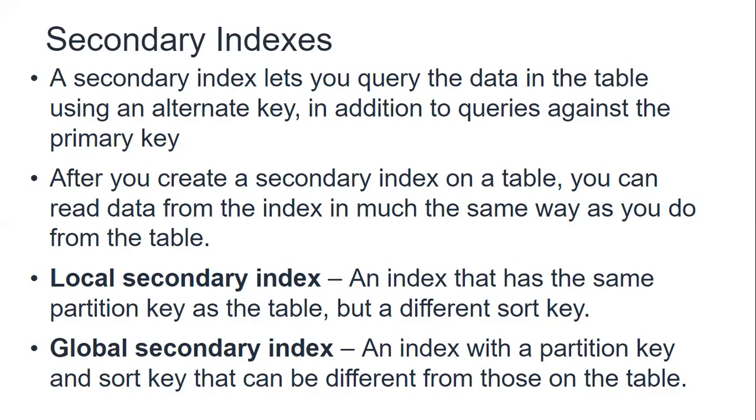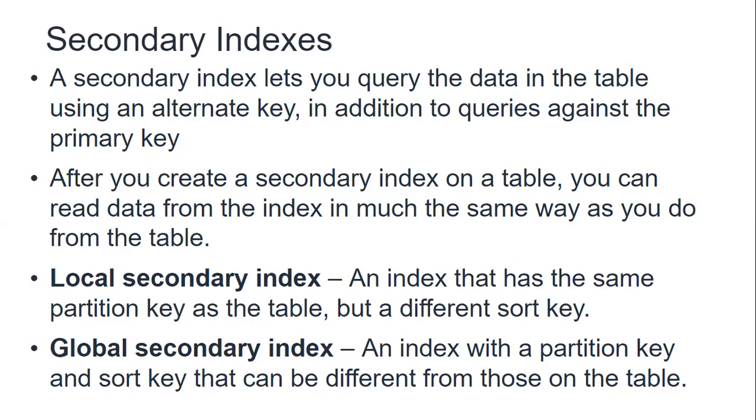What they do is they allow you to read data in a different way, right? So I mentioned that your primary key determines where your data is stored. So when you want to query the data, and you don't want to use the initially defined primary key, you can create a secondary index, which would use a different sort key but the same partition key to create a view of your table.